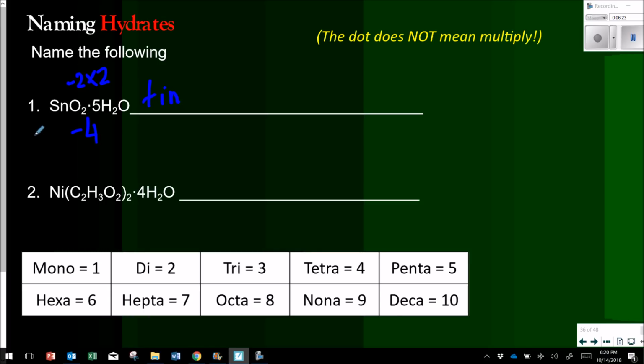Then the tin has to have a charge of +4, and since I have only one tin ion, I will have tin 4 oxide. Dot 5H2O, 5 is penta, so we have pentahydrate.